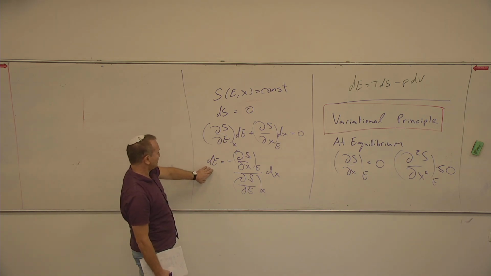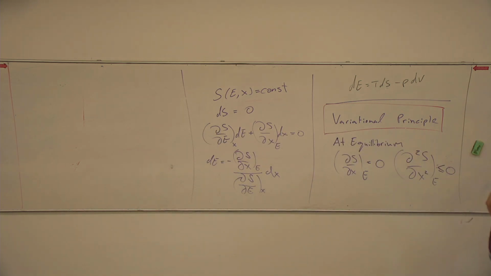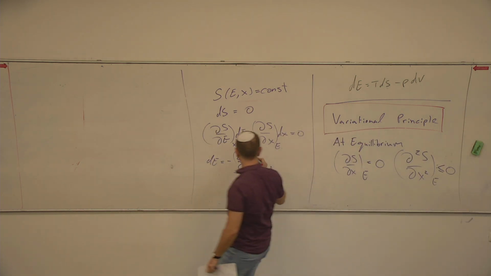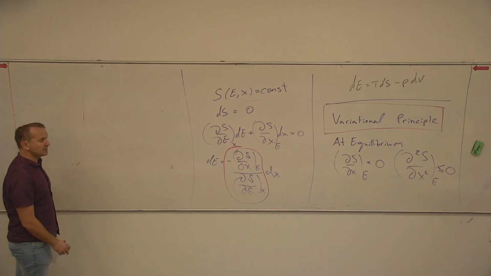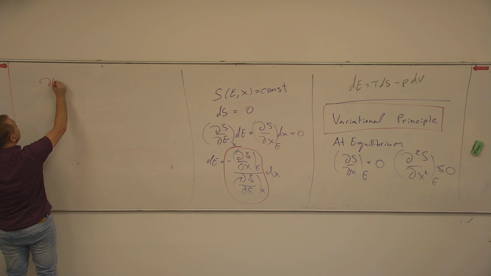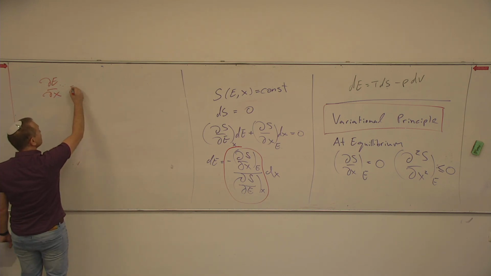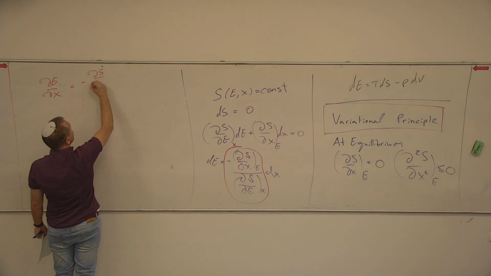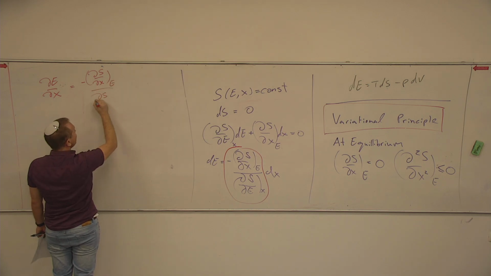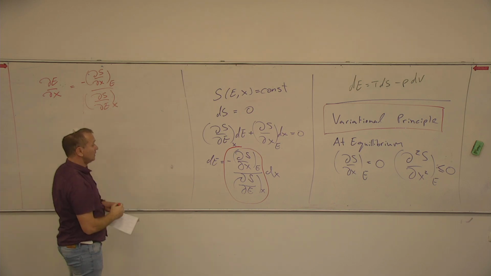We look at this and say, if I manage to write this equation, whatever stands in front of dx is simply ∂E/∂x. Do you agree with me? According to the rules of calculus, we have minus ∂S/∂x at constant E divided by ∂S/∂E at constant x.